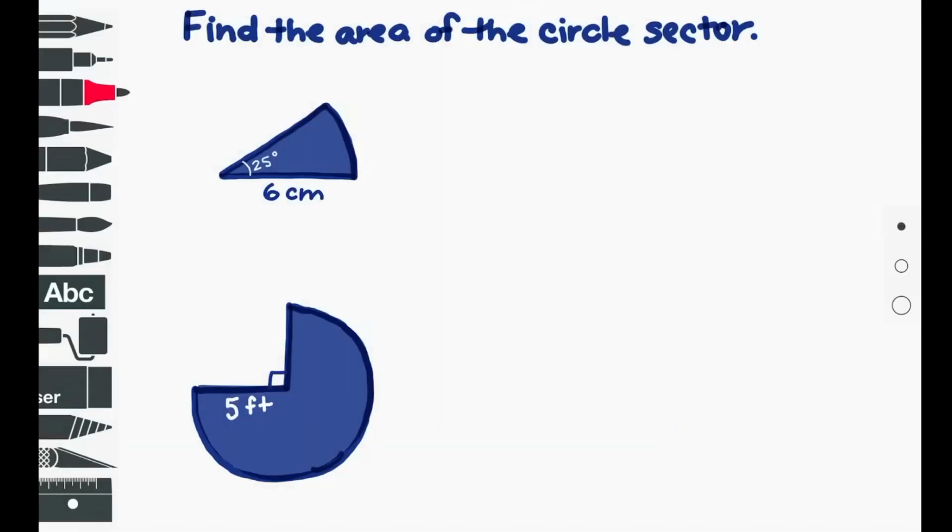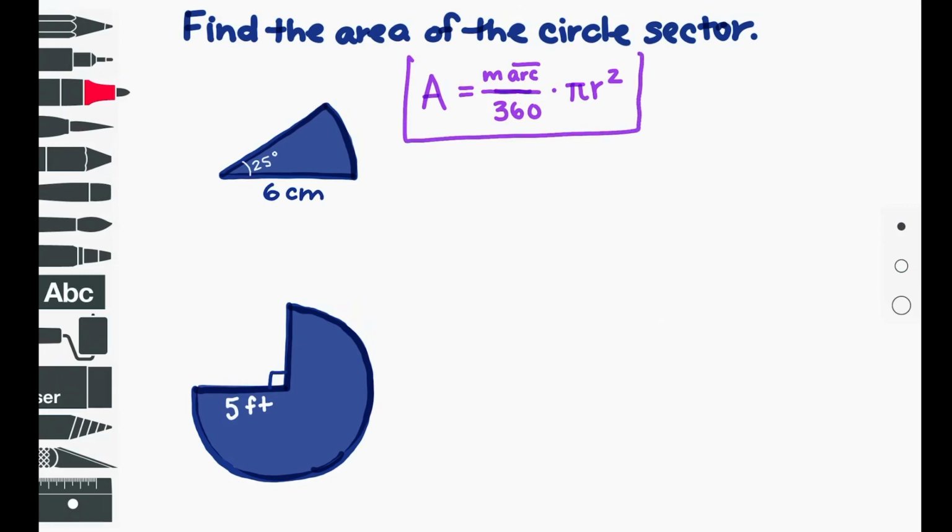Finding the area of a sector of a circle just follows that same plan as the arc length. We are going to find the area of that sector by taking a fraction of, which means times, the total area. And the total area is always pi r squared. And so if you want to predict, it's going to be the measure of the arc out of 360, because that's how we figure out what fraction that is.